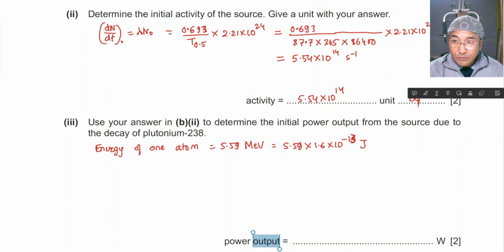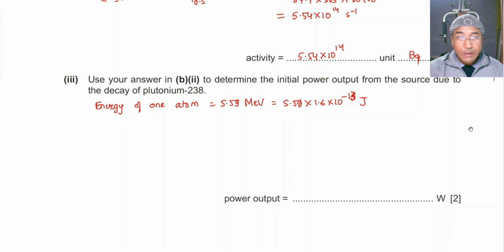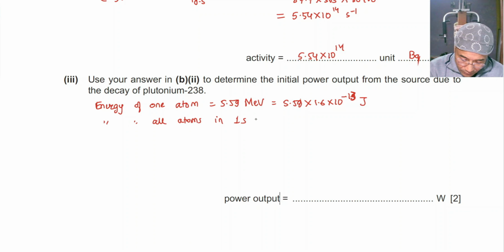Now it is given that there is a release of initial activity of this much number of atoms per second, and energy of one atom is this much. So the overall energy of all atoms in 1 second will be equal to this thing into this thing.